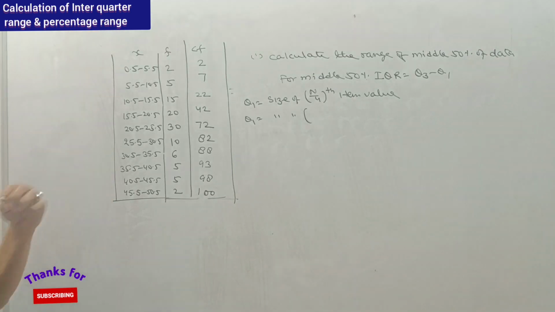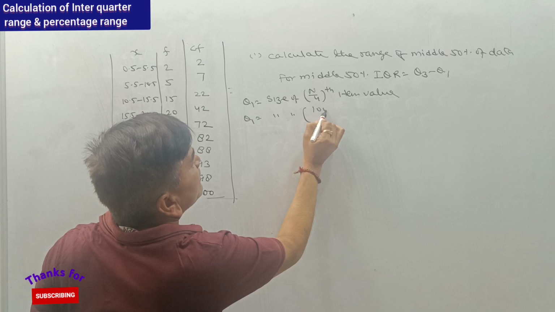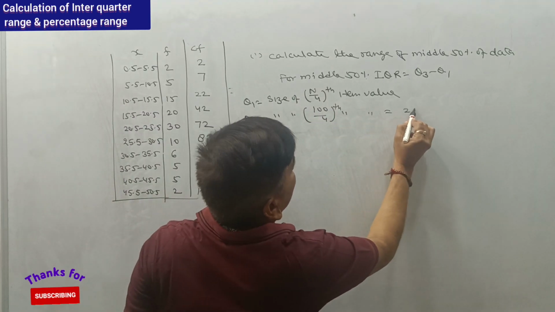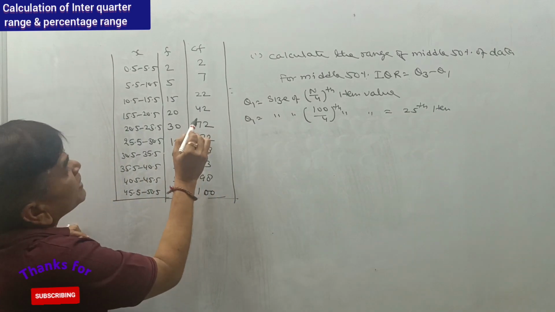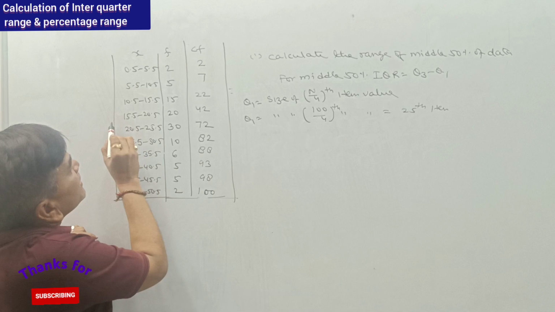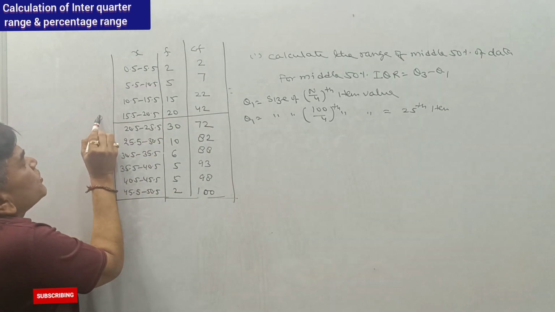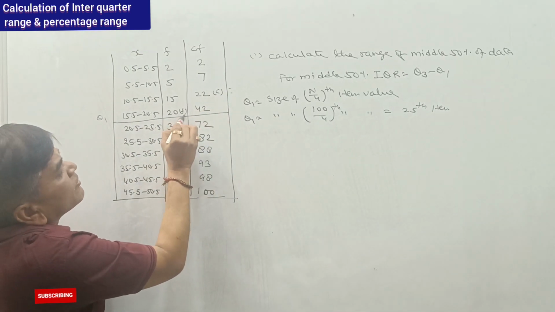Okay. So for calculating Q1, that is 100 divided by 4, the 25th item. The 25th item lies in this class, so this will be the class of Q1, with its C and its frequency.